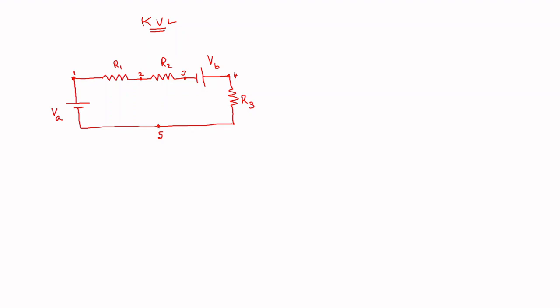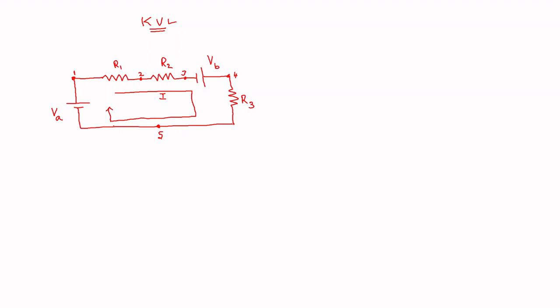So the first step that you do to write the loop equation using Kirchhoff's voltage law is assume an arbitrary loop current and its direction. So I have assumed a loop current of I in the clockwise direction.